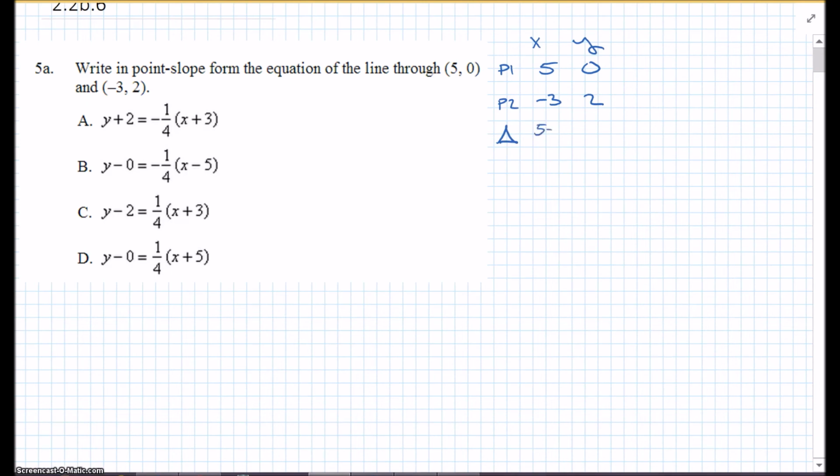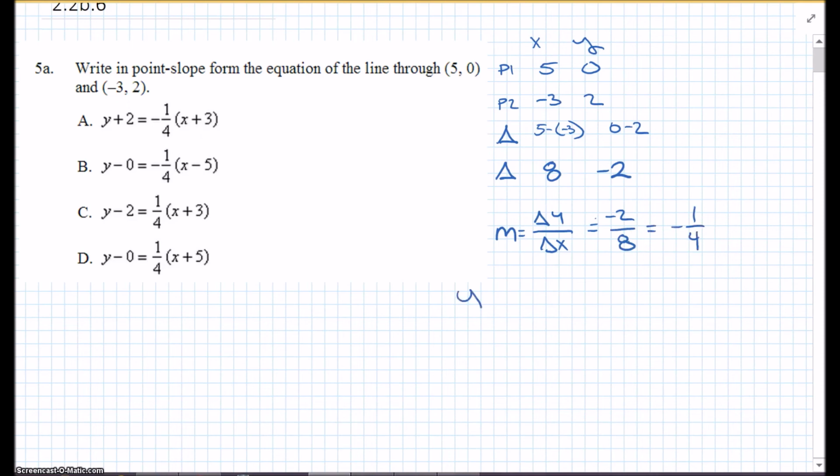That would be 8. The change would be 8 on the x values. What is 0 minus 2? 0 minus 2 is nothing more than negative 2. So my slope is my change of y over my change of x. That would be negative 2 over 8, which would be negative 1 over 4.